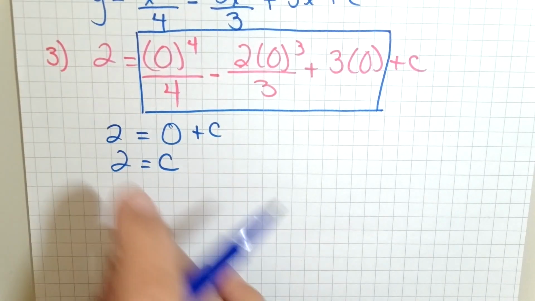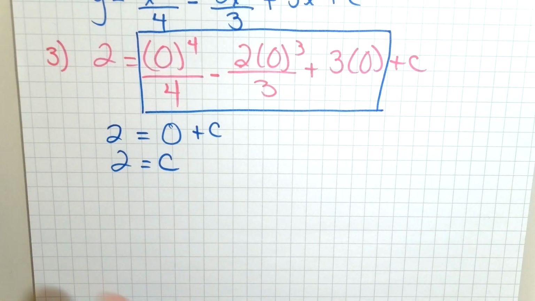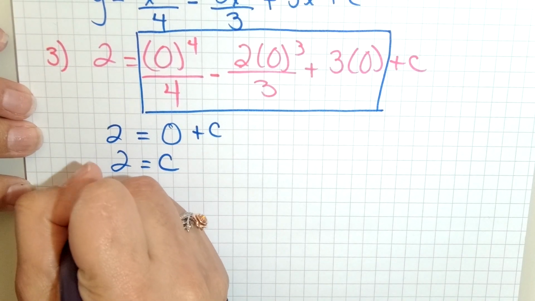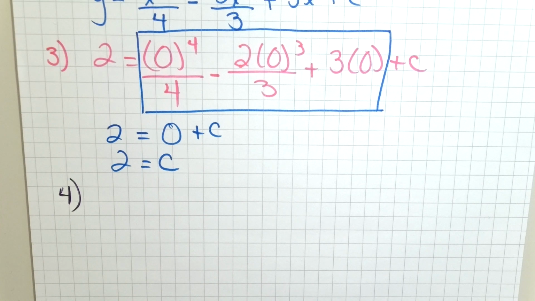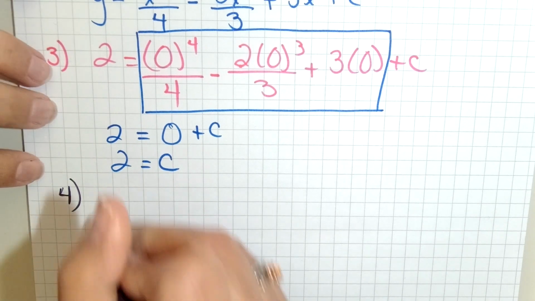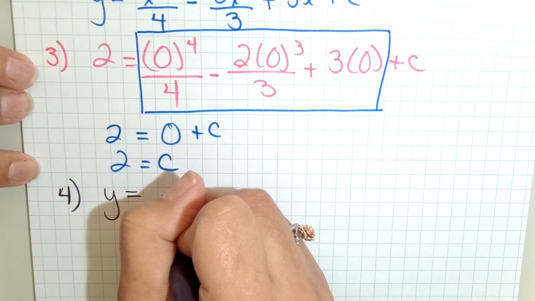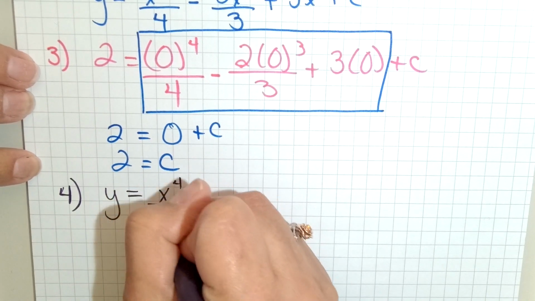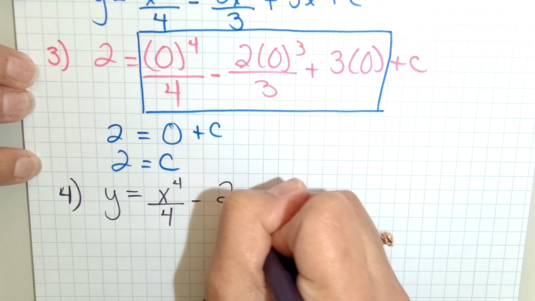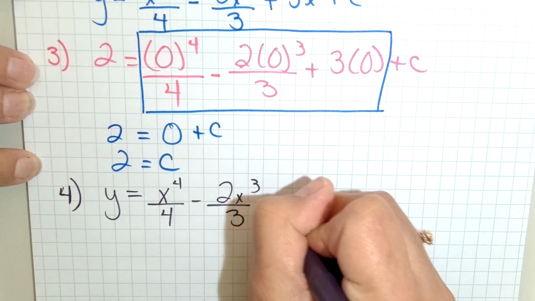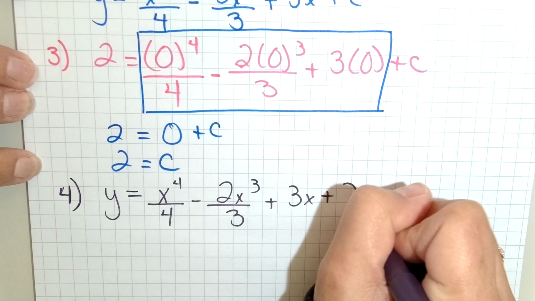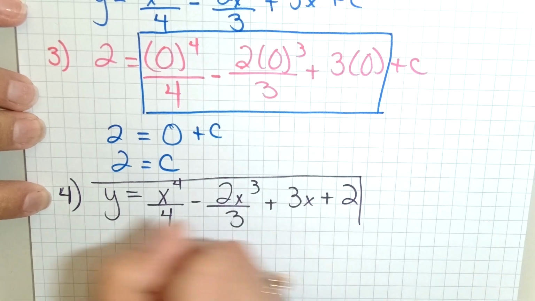So, I'm done. I've solved for C. Now I'm going to move on to step 4, and I'm going to make sure that I'm writing this as a function or equation. I have y equals, combining steps 2 and 3, x to the 4th over 4 minus 2x cubed over 3 plus 3x plus 2. That is my final answer.